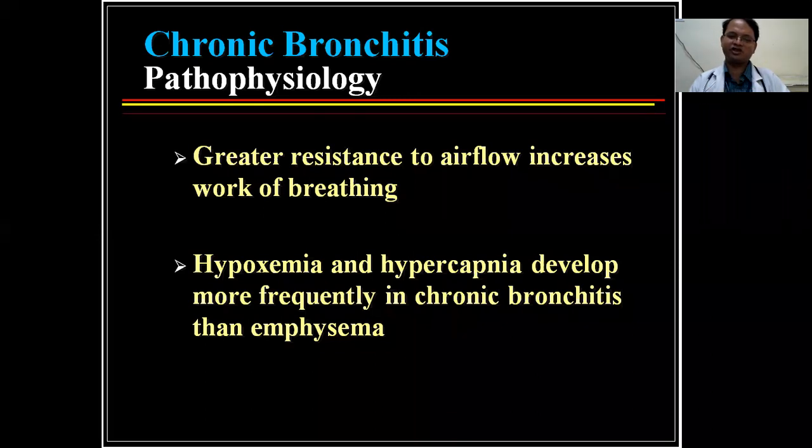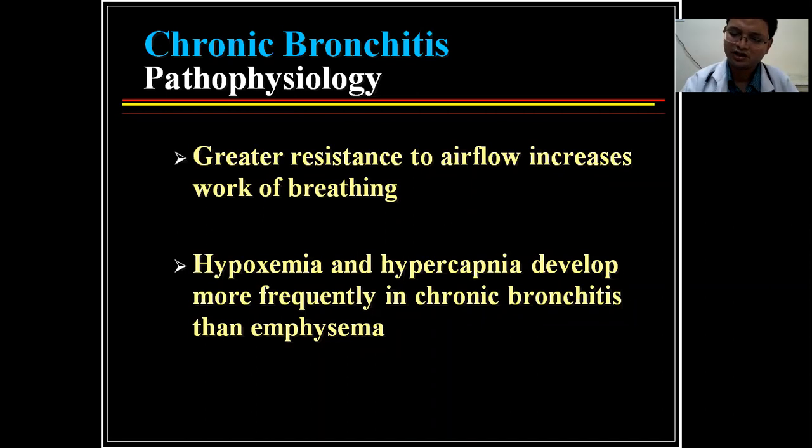There will be hypoxemia and hypercapnia, that is, the oxygen levels in the blood will be less, and CO2 level, the concentration levels in the blood will be high. Hypercapnia develops most frequently in the patients who are suffering with chronic bronchitis when compared with the patients suffering with emphysema.